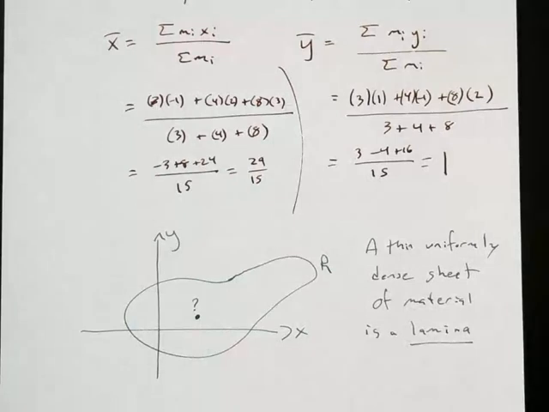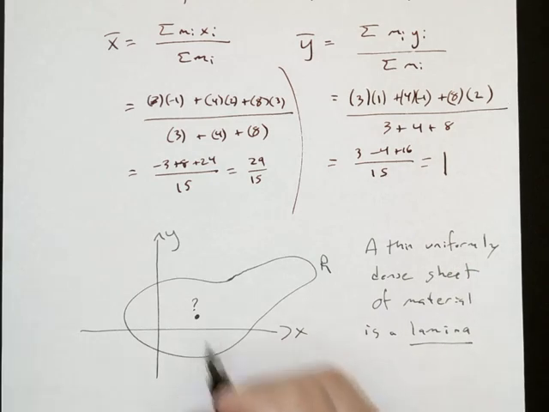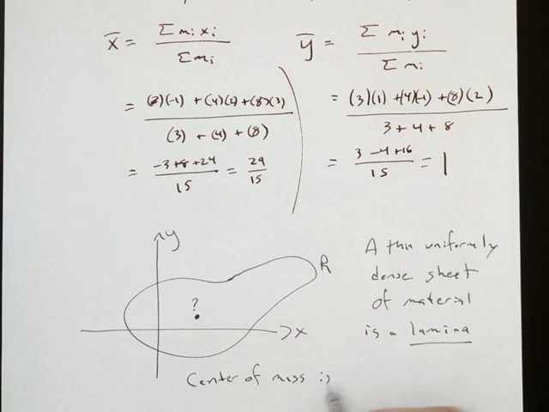Where is that point P in this shape? With the uniform density idea, I'm going to call this point our center of mass. A centroid.